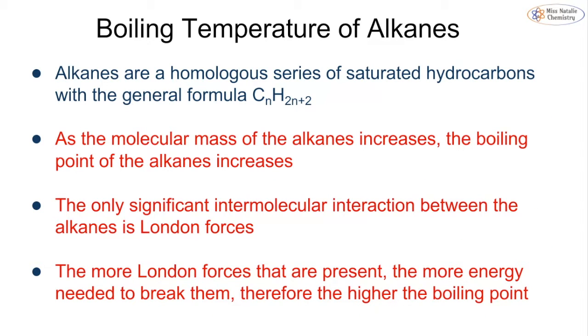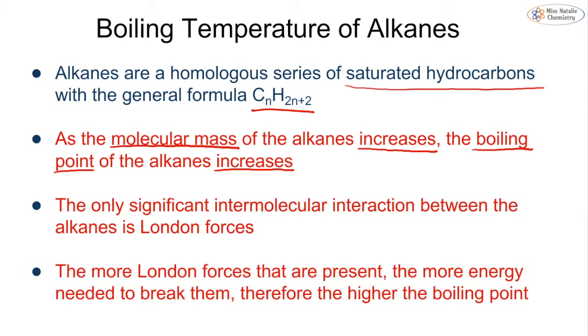So if we start off by looking at the alkanes, now remember the alkanes are a homologous series of saturated hydrocarbons, and they have the general formula CnH2n+2. Now what we see when we look at these molecules is as the molecular mass of the alkane increases, the boiling temperature also increases.